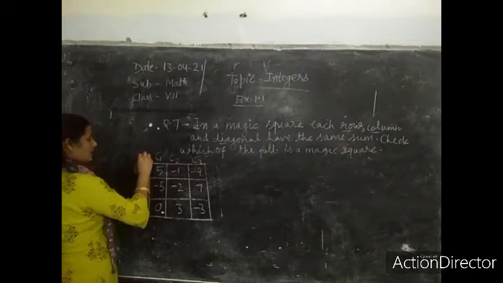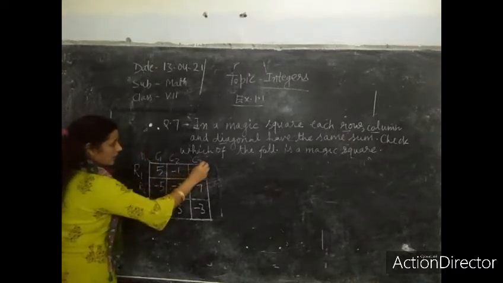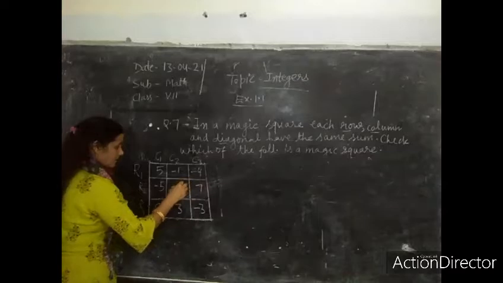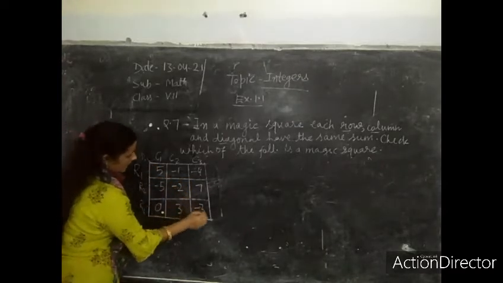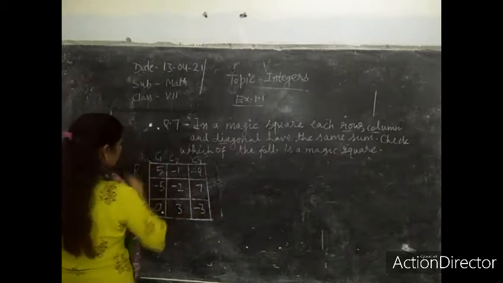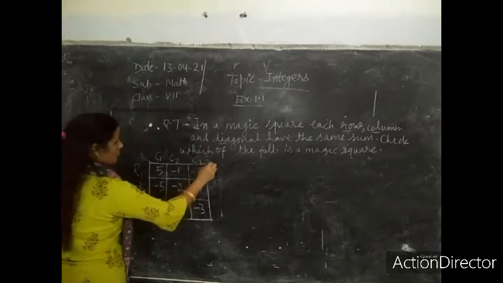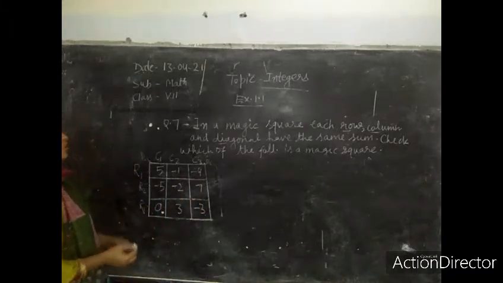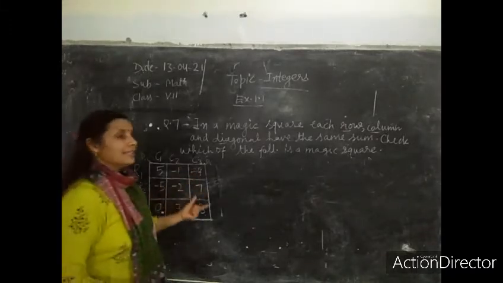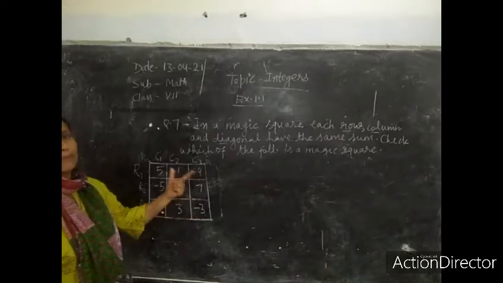What about the diagonals? You can see them by the dotted lines. There are 2 diagonals, D1 and D2. Understood? This is a diagonal.